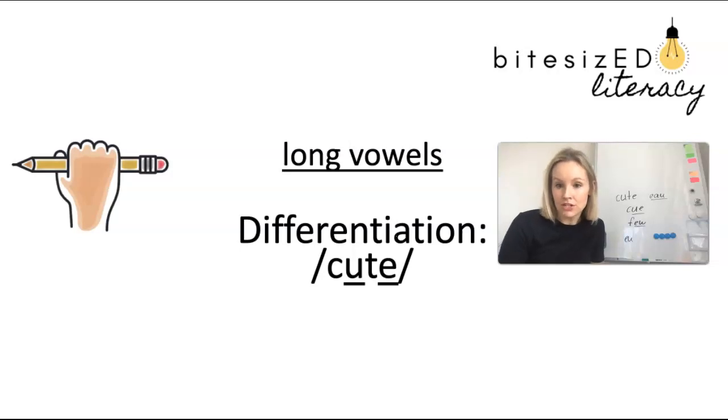So a quick word on differentiation when we're teaching this long U sound. One thing that we generally do when we're approaching spelling from a phoneme to grapheme correspondence, which is a great way to do it, is that, let's say we're learning the U sound, we think, oh, these children in my class are more capable, so I'm just going to give them harder, longer words that contain that spelling pattern.